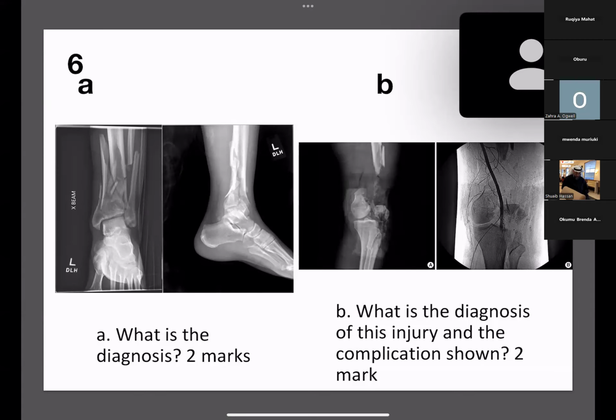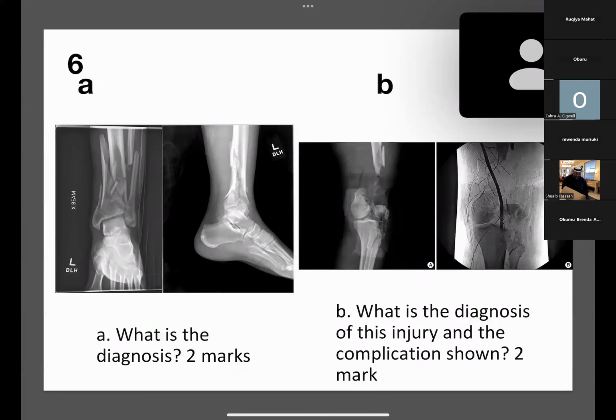And it's different from an ankle fracture. Ankle fractures are usually from twisting injuries. Pilon fractures are not. All right, pilon fractures are from an axial force. Okay, so these are pilon fractures.